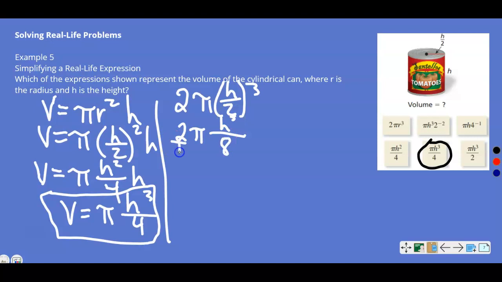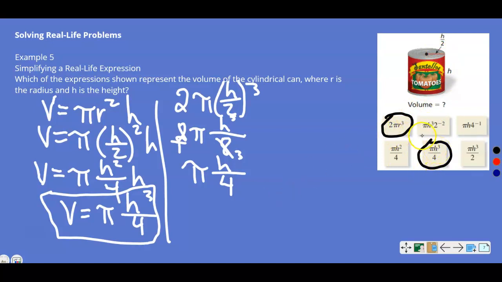This is the same as 2 over 1, so we can reduce this. So that becomes pi h cubed over, 2 goes into 8 4 times. So pi h cubed over 4. So we can see that this one is also equivalent to that. It was just written in a different format. This one was written in terms of your radius instead of your height.